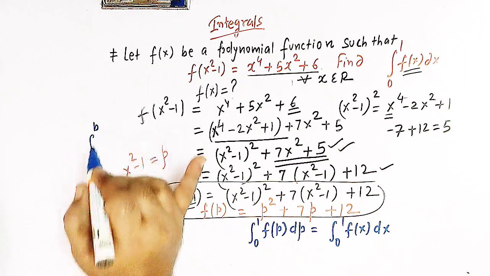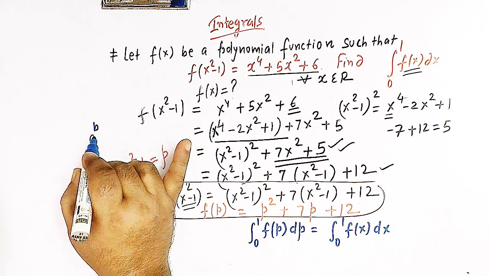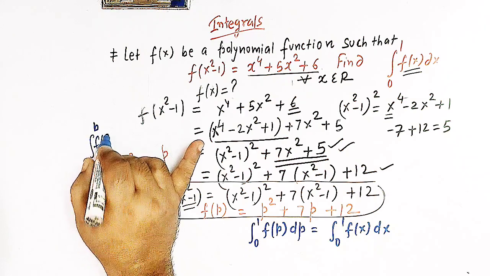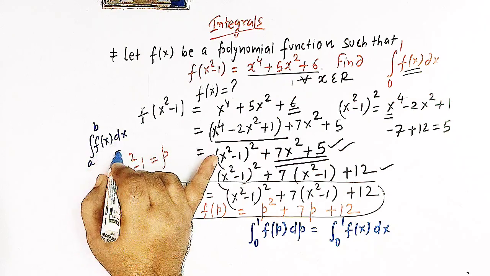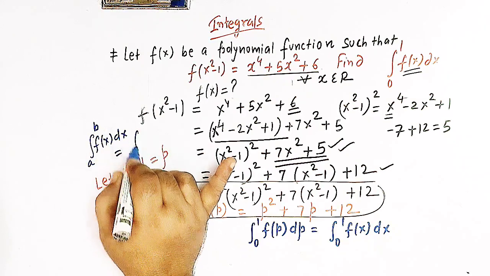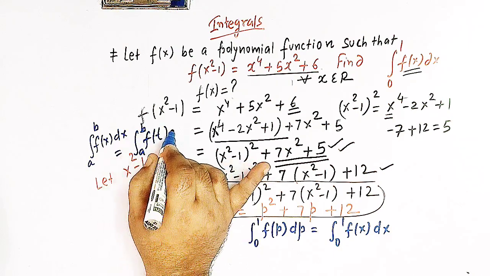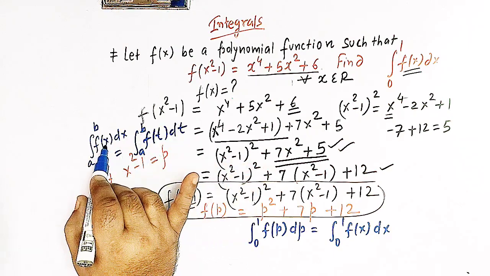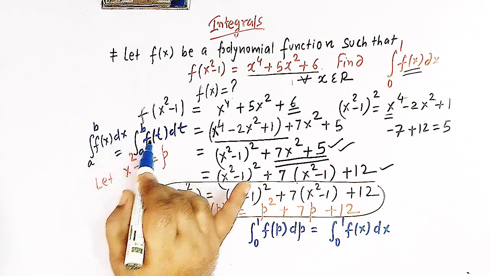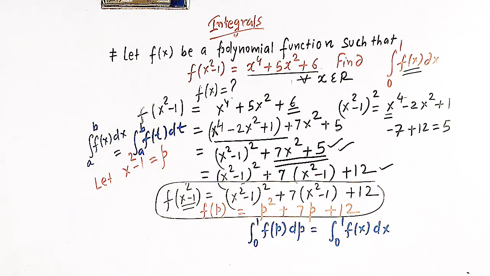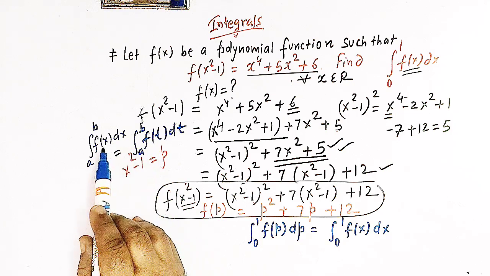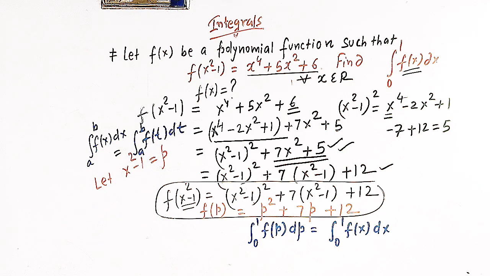If we have the limits from a to b, and here we have say f of x dx, then this integral is equal to a to b f of t dt, right? So we can change the variable, or this variable is known as the dummy variable, right?